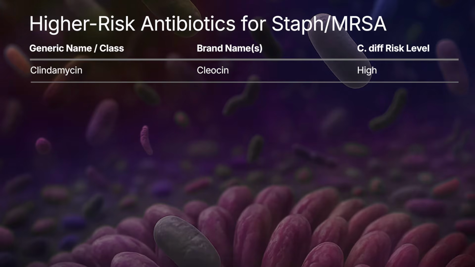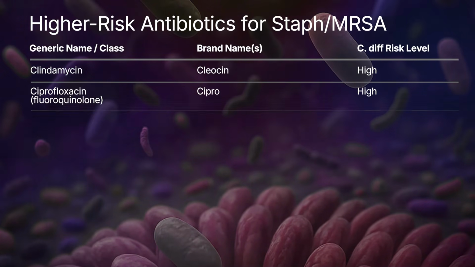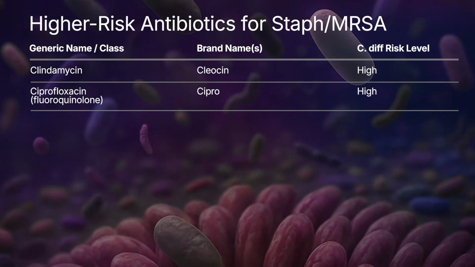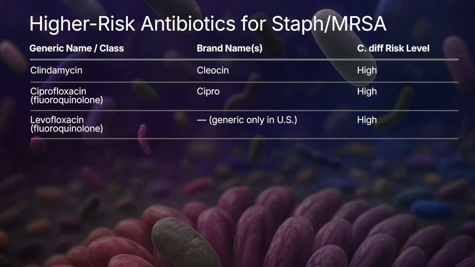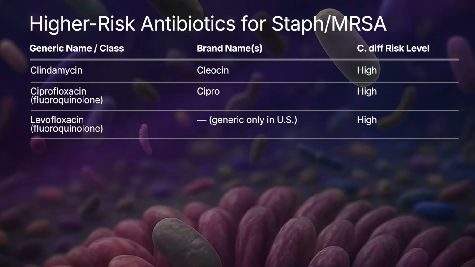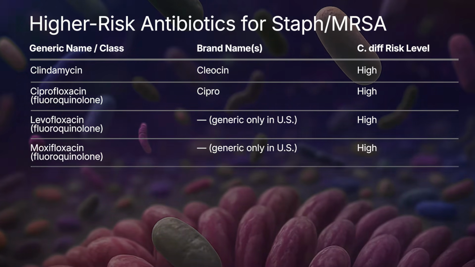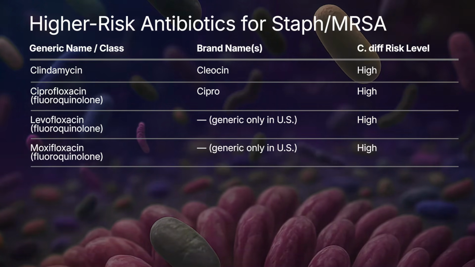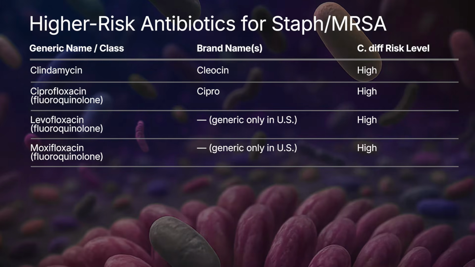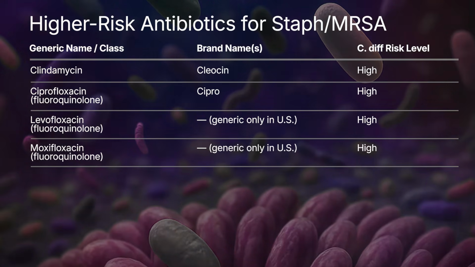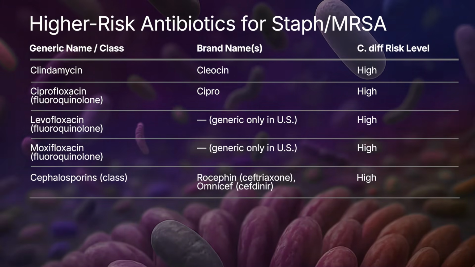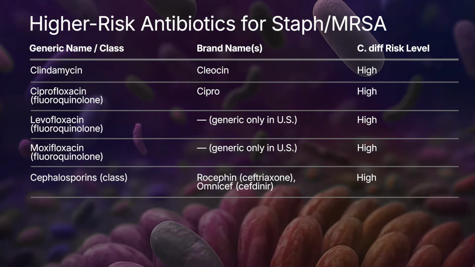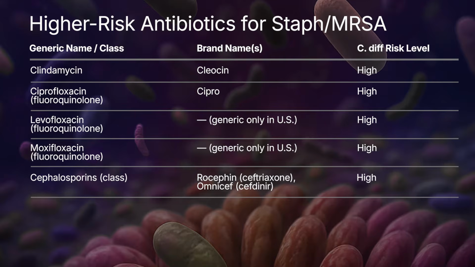Also in this list are certain fluoroquinolones like ciprofloxacin and levofloxacin. These can also raise the risk of C. difficile. Now, these both have historically been used for MRSA staph, but resistance is high, and these antibiotics are not as reliable at this time. There's also some broader cephalosporins like ceftriaxone and cefepime.